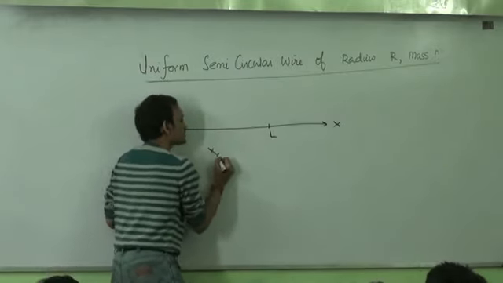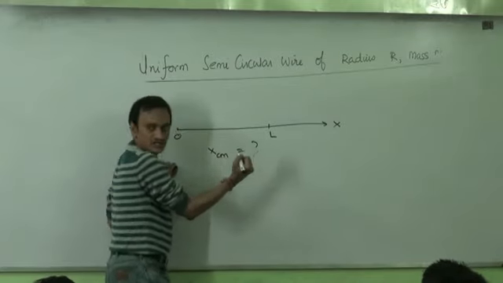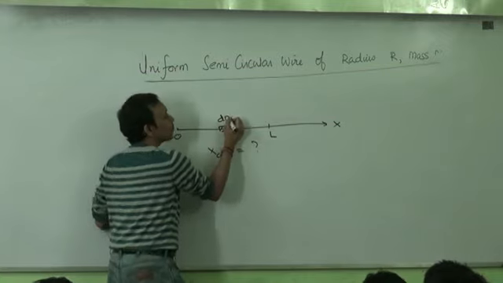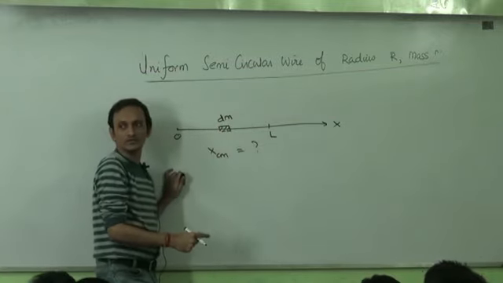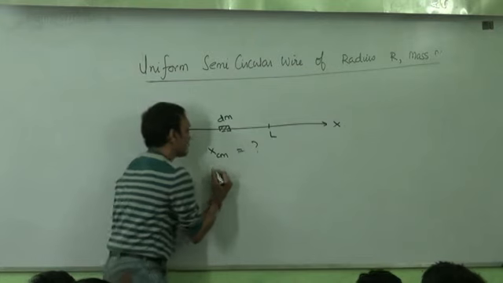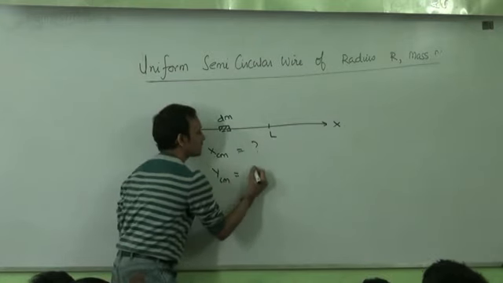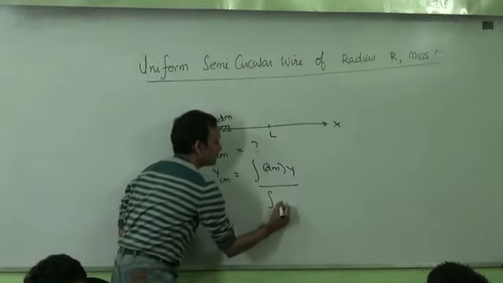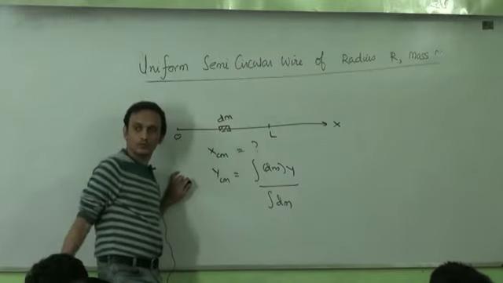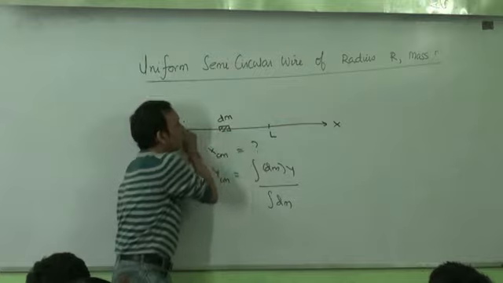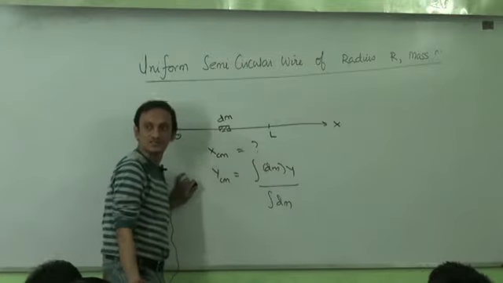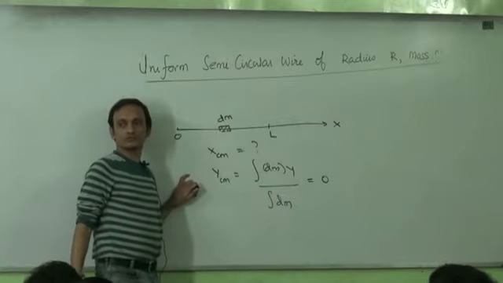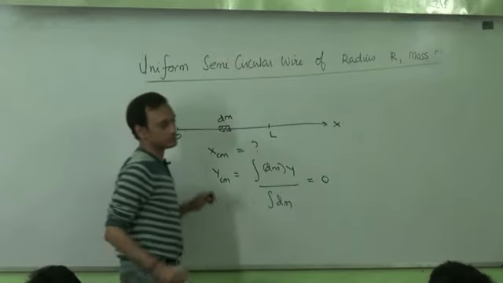So I computed the x coordinate of the center of mass in a manner that I suggested. Now if I look at a mass element here, dm, what's the y coordinate of this mass element? 0. So if I had to compute ycm, then that's going to be integral dm into y divided by integral dm. But all the y's are 0 for mass elements lying along the x-axis. So this would be 0 anyway. Got me?